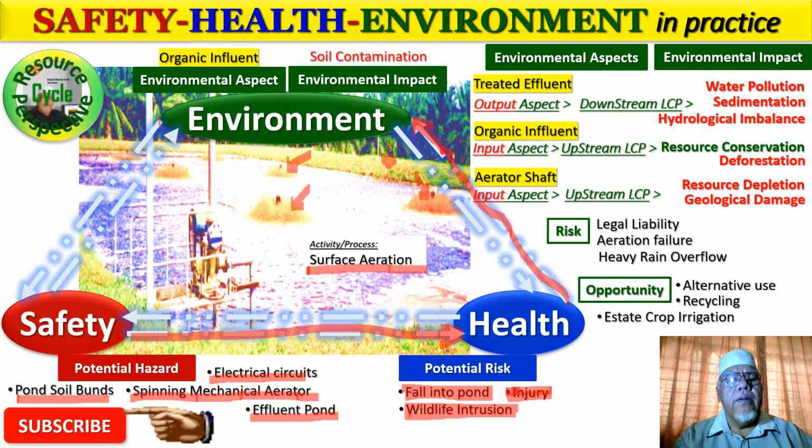It would cause some problem to safety, because water in a pond is a potential hazard, as has been discussed. And when we go the other way around, the untreated, sorry, partially treated effluent discharged from the mill is affecting health in ways that you can think of.